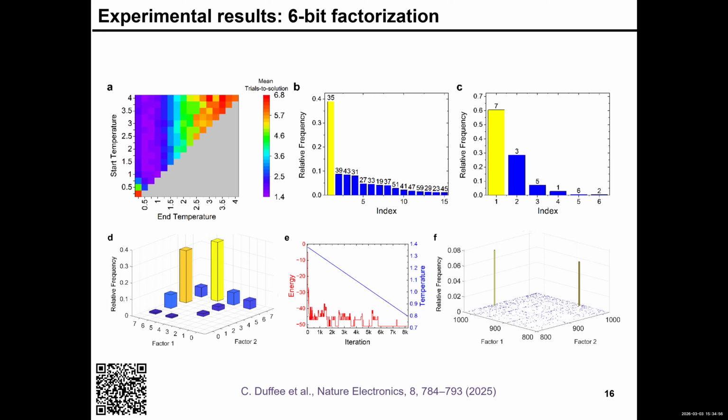And with this, then we basically arrived at an optimized simulated annealing schedule for the types of problems we were looking at. Then I'm showing you three things for very small problems. So it's a 6-bit factorization, 35 equals 5 times 7, where I'm showing you that these circuits can basically do all three operations equally well.